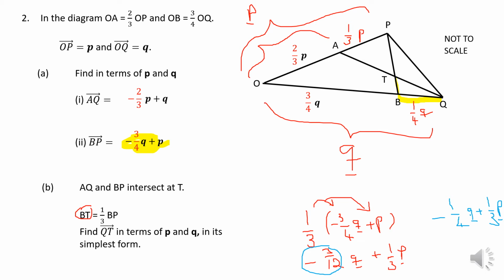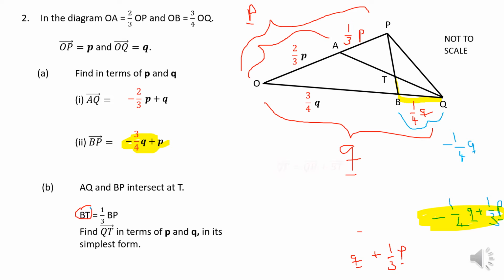The reason why I had to find BT here was for me to be able to definitely find that particular answer. Also, you need to realize you're going against, so you're going to expect this answer to be minus 1/4 of Q. You would see that I have done something similar for my particular solution. I'm just going to bring them up, and I know it's kind of messy here, but if I clean this all up, you will definitely get the idea as to how I got to my answer.